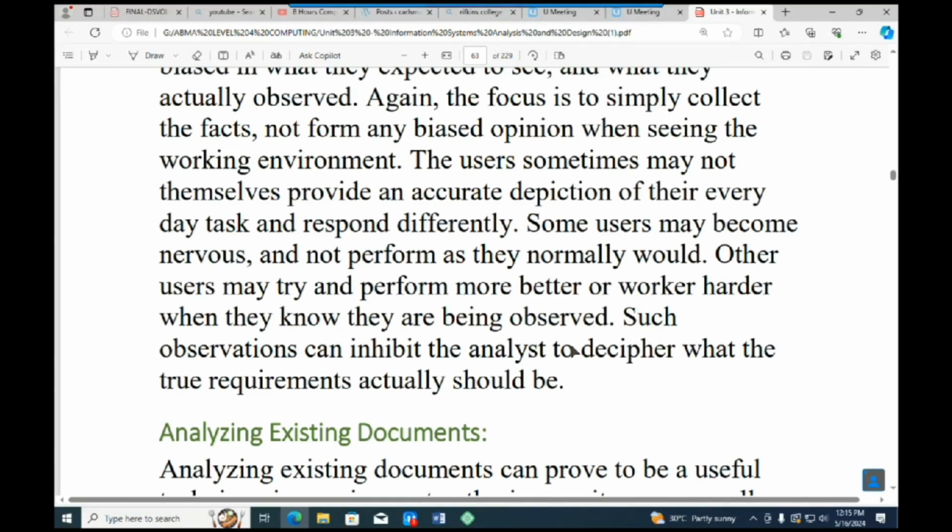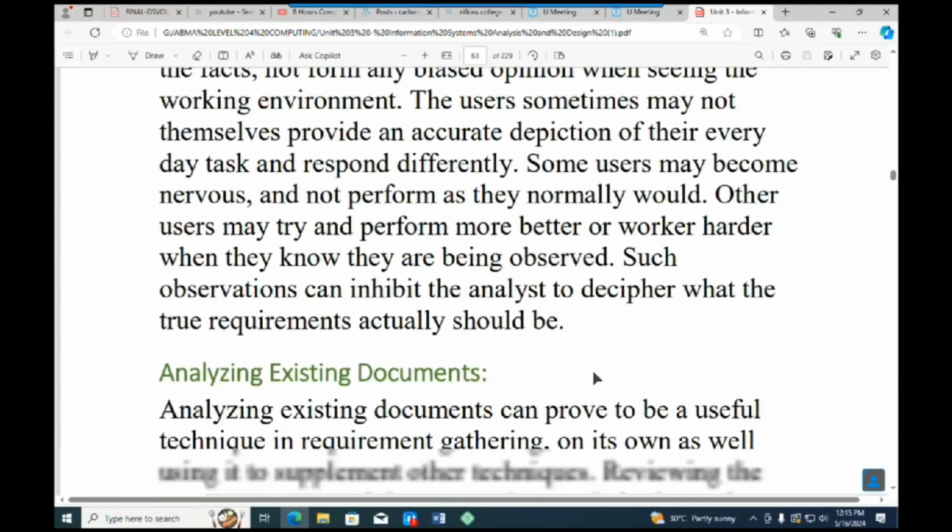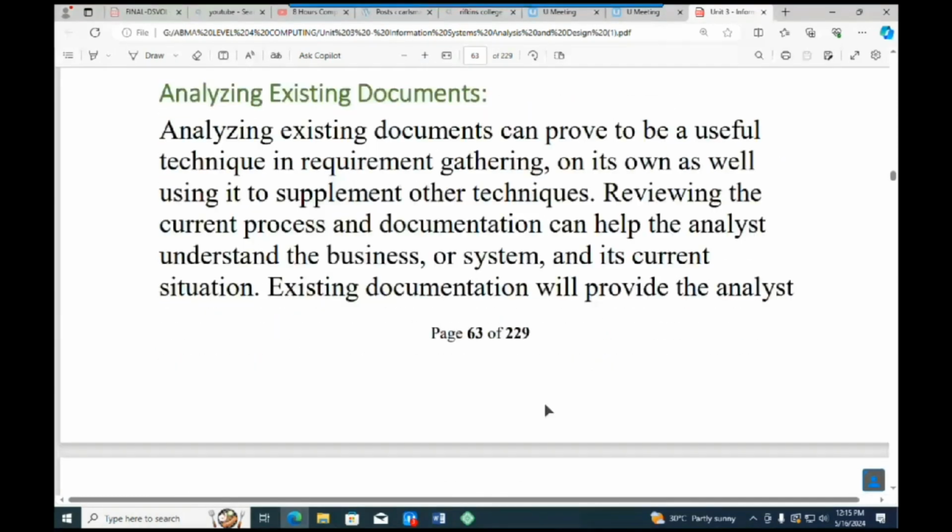These observations might actually limit the deciphering of the analyst in actually what is the true requirements and what is the actual requirement.